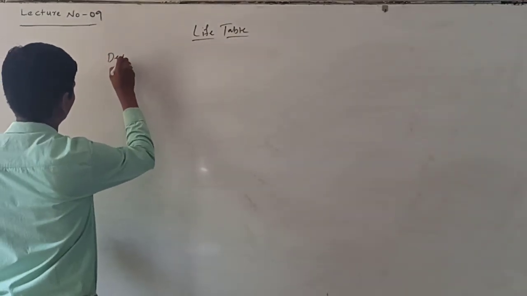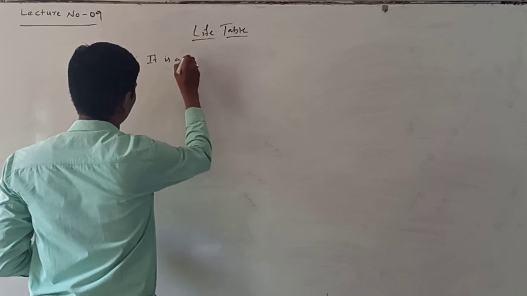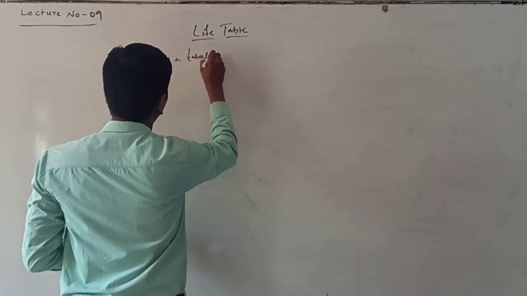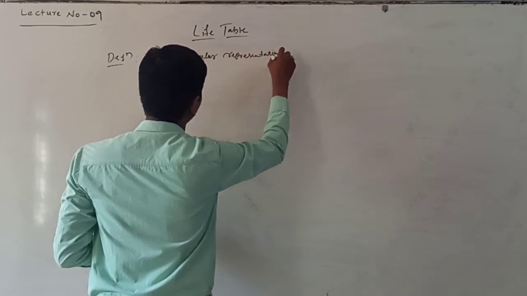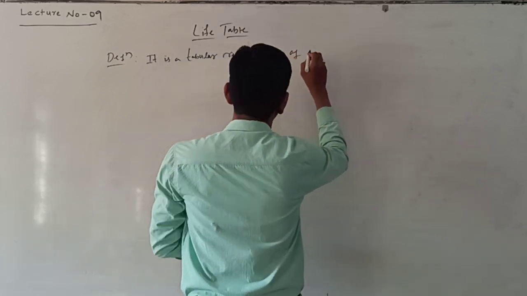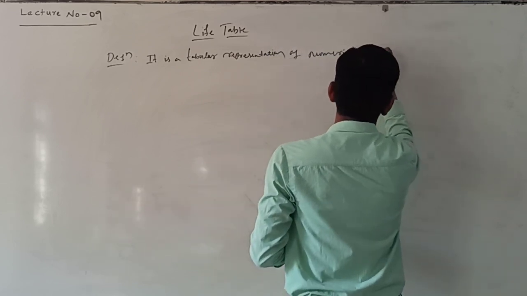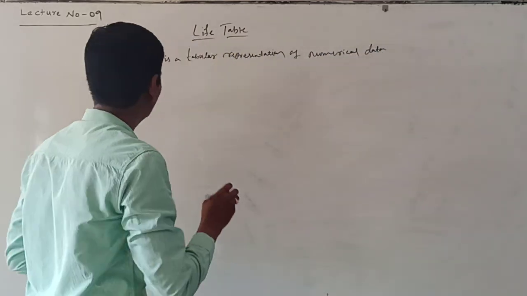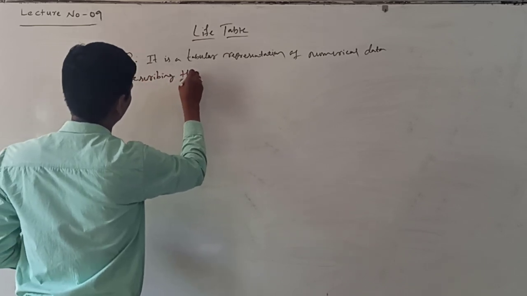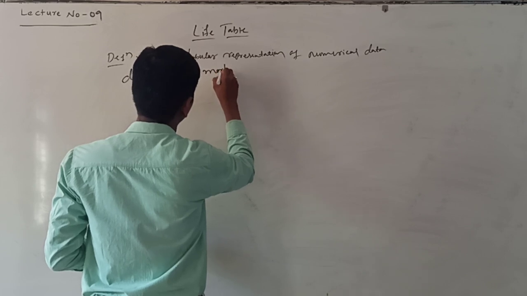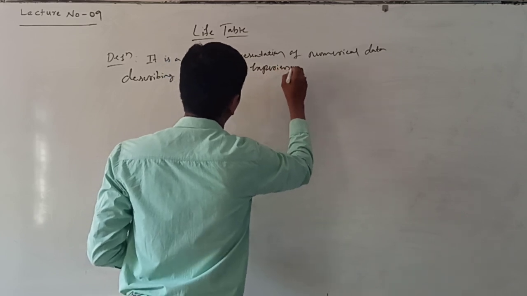Definition: it is a tabular representation of numerical data describing the mortality experience of a cohort.